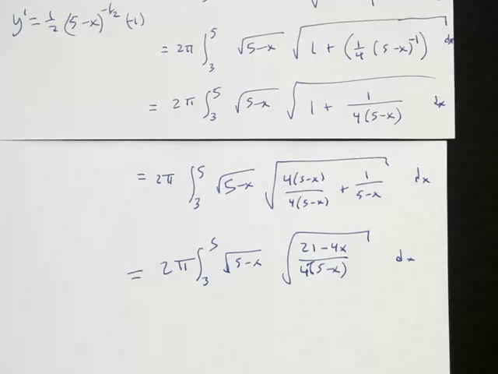Why am I happy to see that? Square root of the top, square root of 21 minus 4x, but on the bottom, what do I get? And then the square root of 5 minus x out front, it'll cancel with the 1 on the bottom.